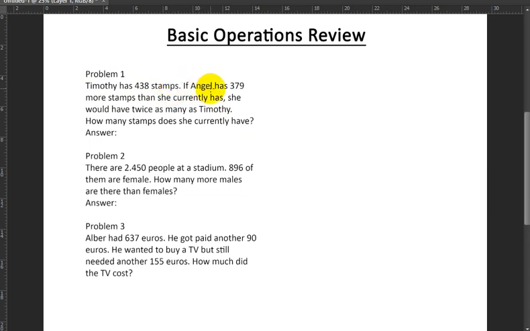And if Angel had 379 more than what she currently has, so we don't know how much that is, that's what we're looking for, but we know that if she had another 379, she would have twice as many as Timothy. Well, how much is twice as many as however many he has now? Well, since he had 438, twice as many would be 438 times 2.